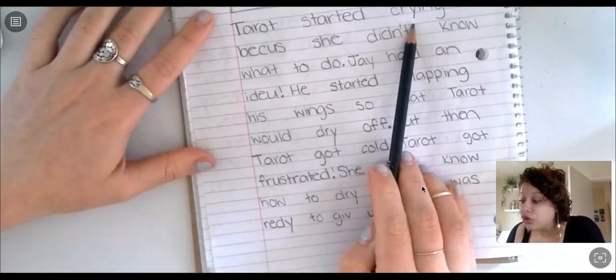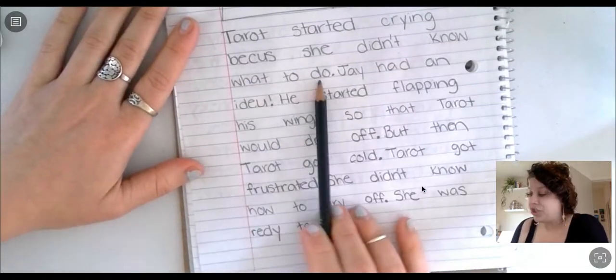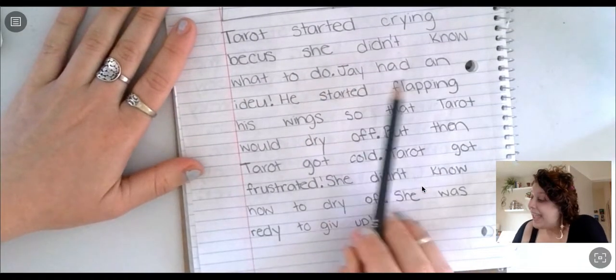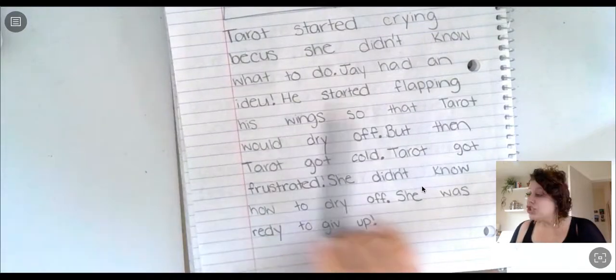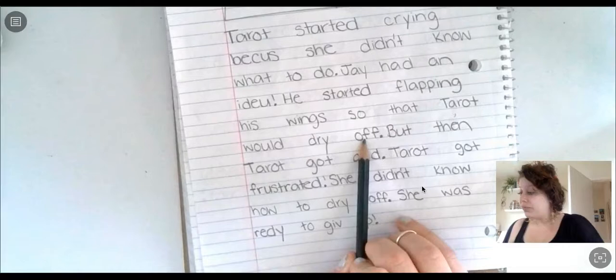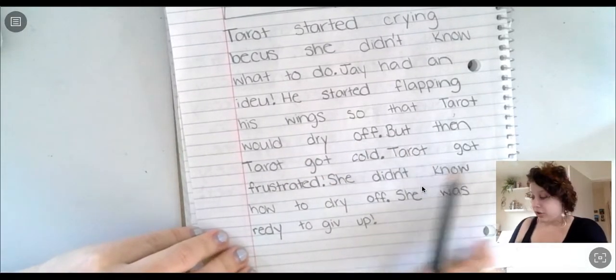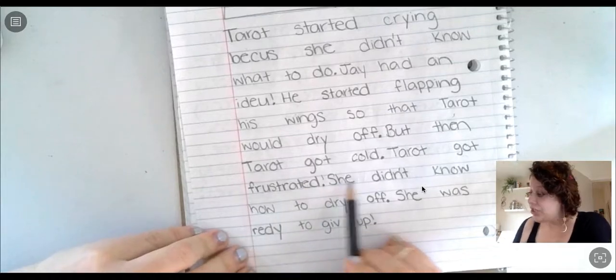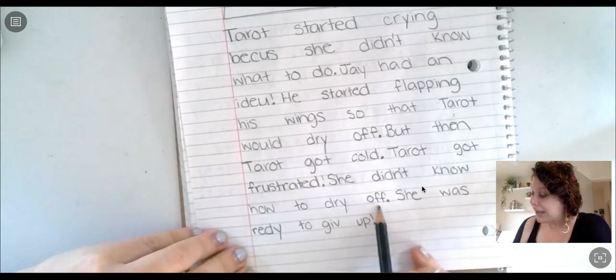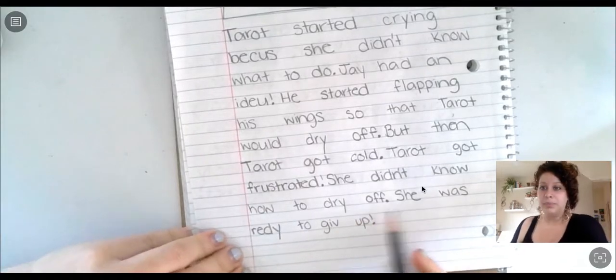Taro started crying because she didn't know what to do. Jay had an idea. He started flapping his wings so that Taro would dry off. But then Taro got cold. Taro got frustrated. She didn't know how to dry off. She was ready to give up.